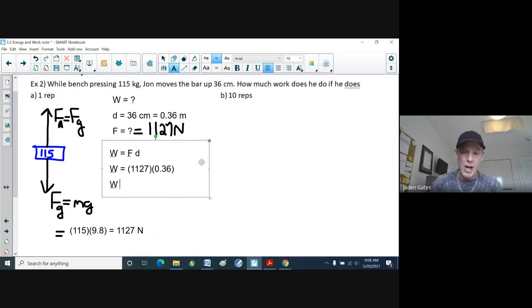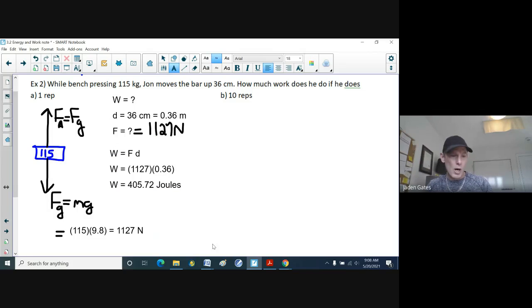And the amount of work done, or the amount of energy used, we can look at it two different ways. Let's see here, I multiply them out, and I get 405.72. Again, go to two decimal places. And again, work is referring to how much energy was used up. And so we're talking about joules.